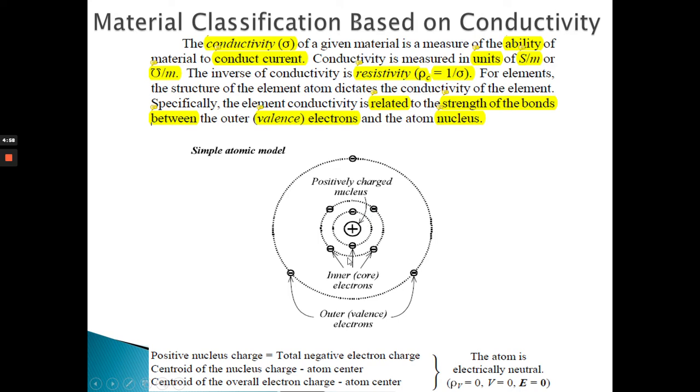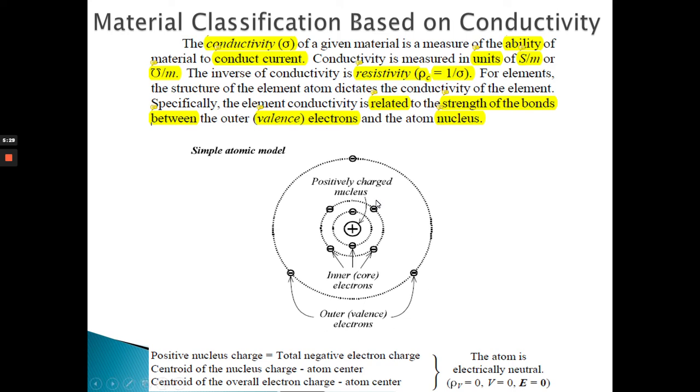So in those different orbits we have different numbers of electrons, but to determine the conductivity of any material, basically the valence electrons determine how conductive the material is.